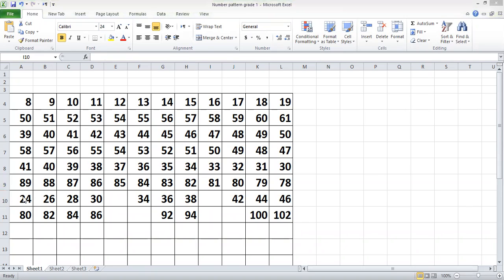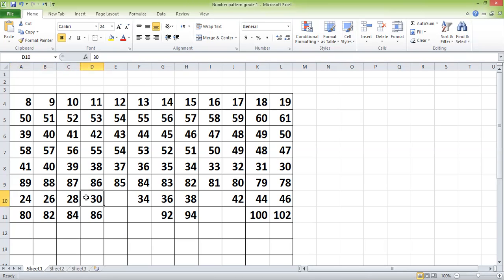Look at the new pattern, guys. This pattern is different. 24, 26, 28, 30. Look, guys, the pattern is arranged in smallest to greatest. 24 is small, 26 greater, 28 greater, 30 greater.